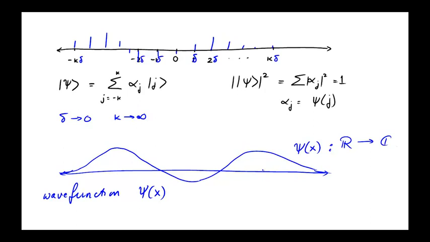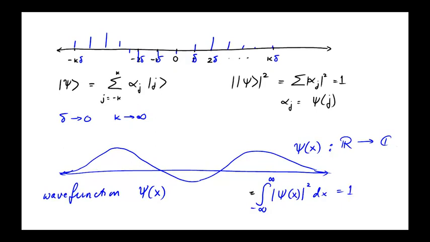And then we have this normalization condition. So what would the normalization condition say? Well, it would say that the integral of psi of x magnitude squared dx from minus infinity to infinity is 1. What's another way of writing it?